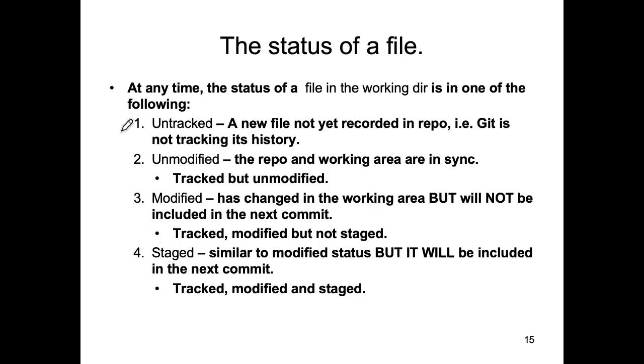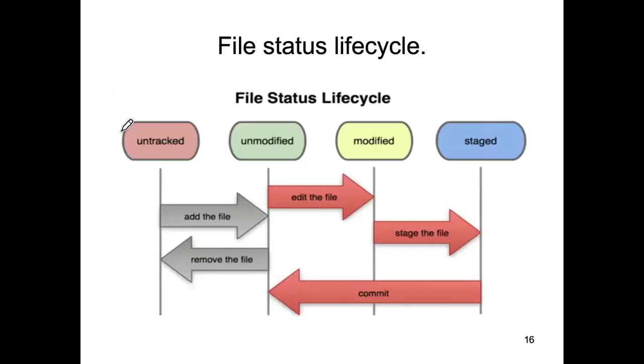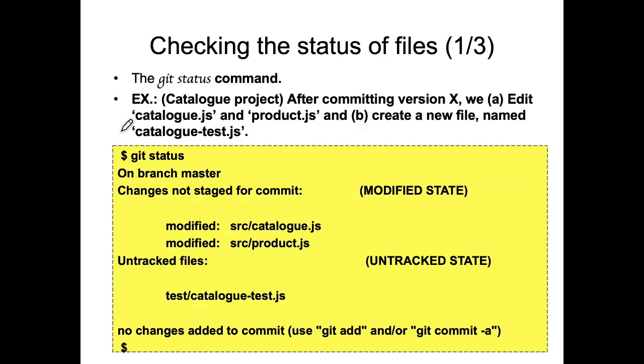And that's how it works out how it should change the repository when you do a git add followed by a git commit. This diagram essentially shows you how a file can move from one state to the next over time. You can study it yourselves.